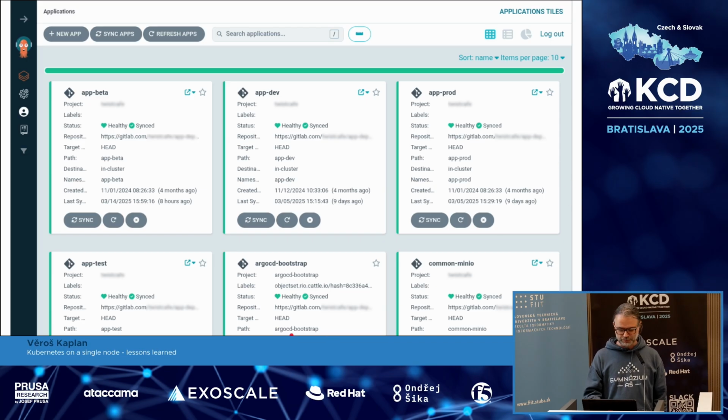And there are some other parts like MinIO, which we used for S3 storage, and we used Argo CD Bootstrap, the application-of-applications design pattern, which is recommended by Argo CD.